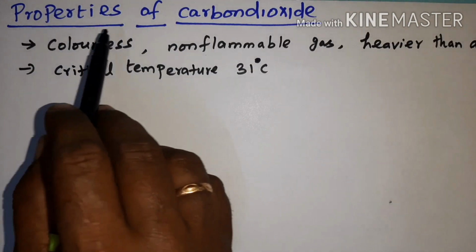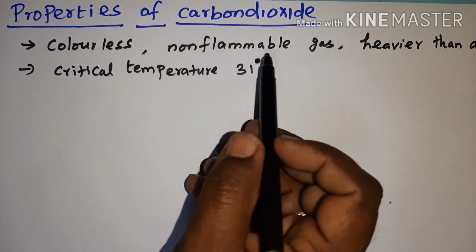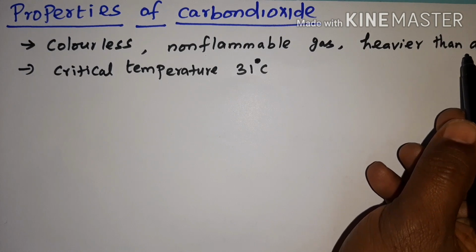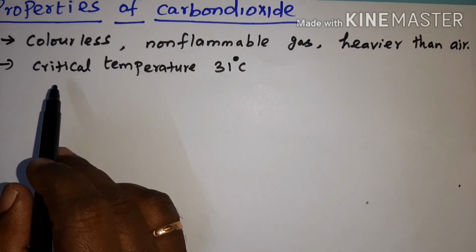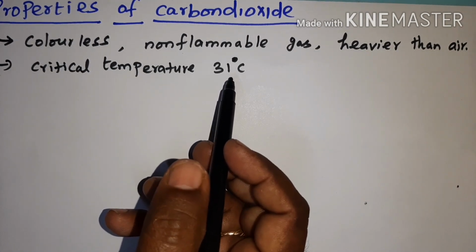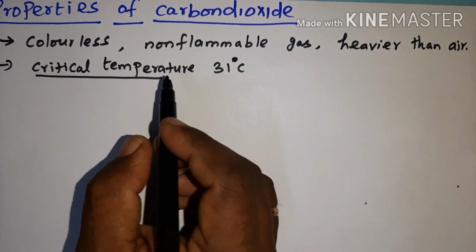Properties of carbon dioxide. It is a colorless and non-flammable gas, and it is heavier than air. The critical temperature of carbon dioxide is 31 degree Celsius. What is the meaning of critical temperature?